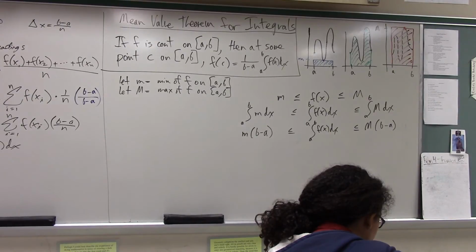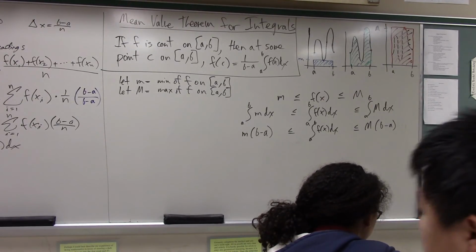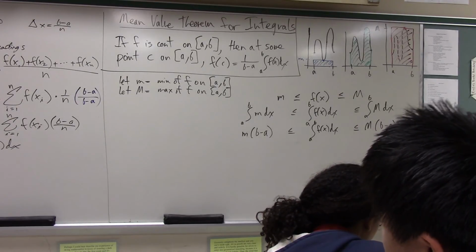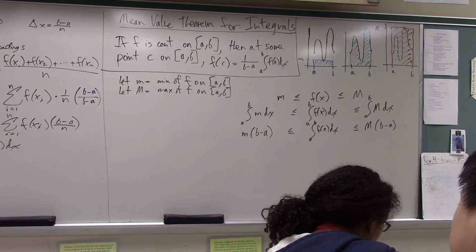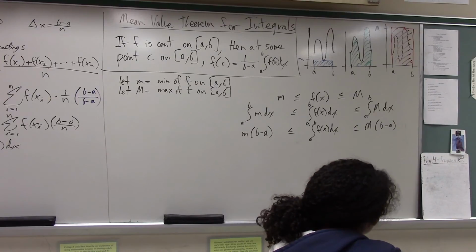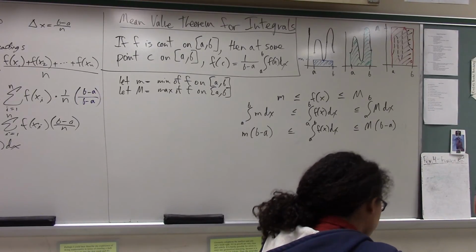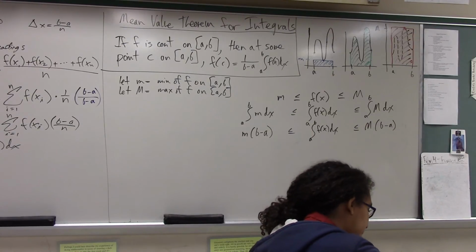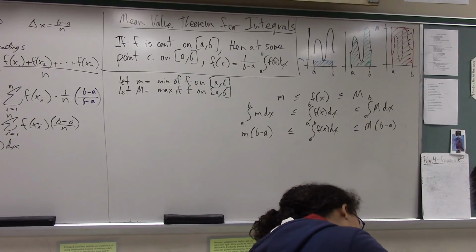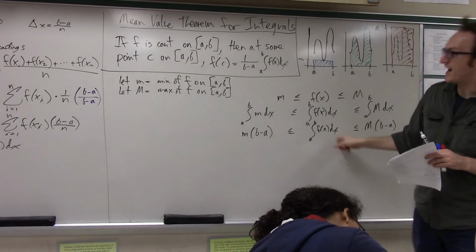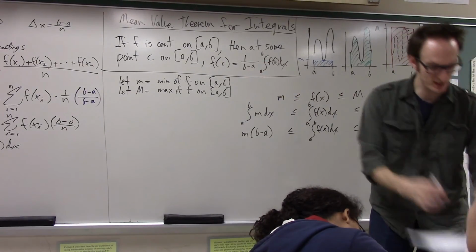Now, anyone got something? Yeah, Kayla. You can divide by b minus a. Yeah, that is an excellent idea, which I heard someone else mumble also. Remember, what is it that we're trying to do again?